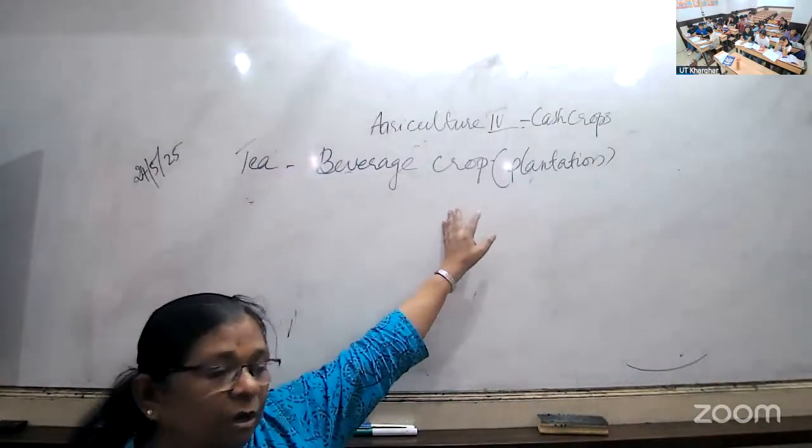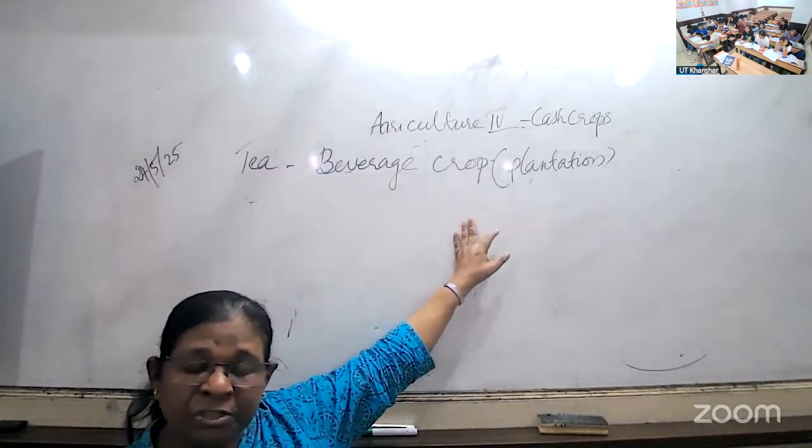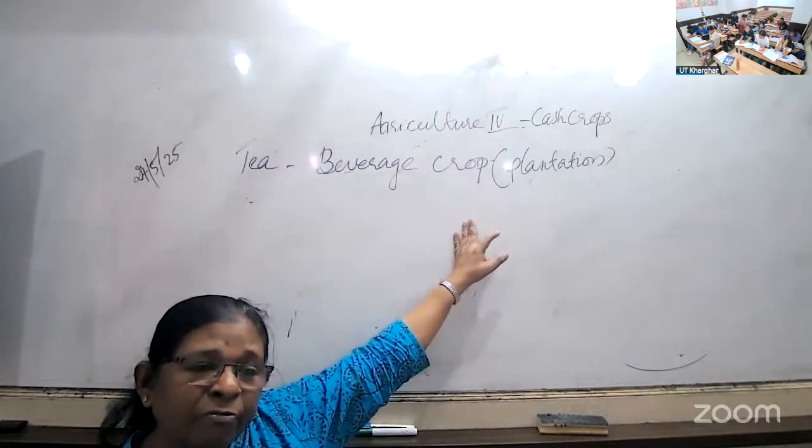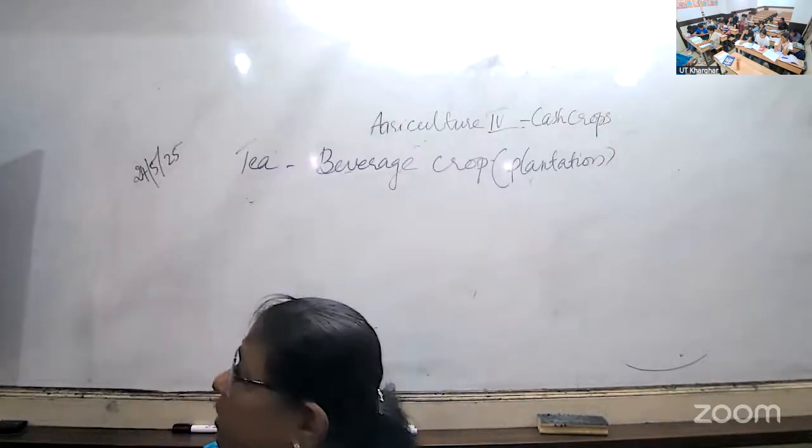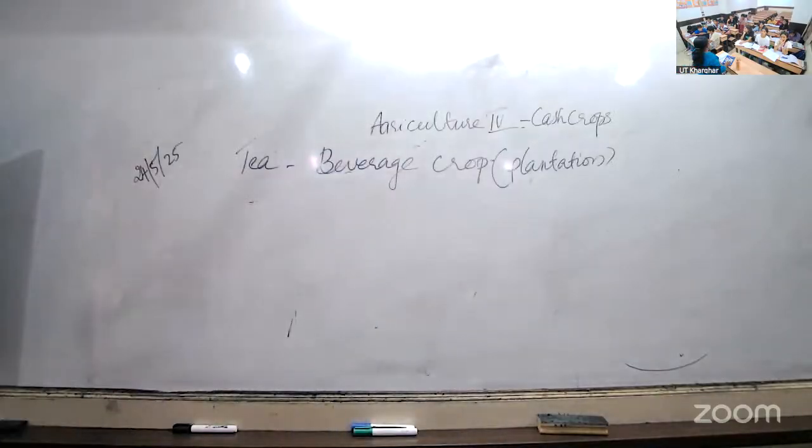Okay. So India is the largest producer, consumer, and exporter of tea. The next important thing is that it was introduced in India as a plantation crop by the British. It was invented by a Buddhist monk. That is what the history says. But they did not plant it on a large area and make it an important crop.